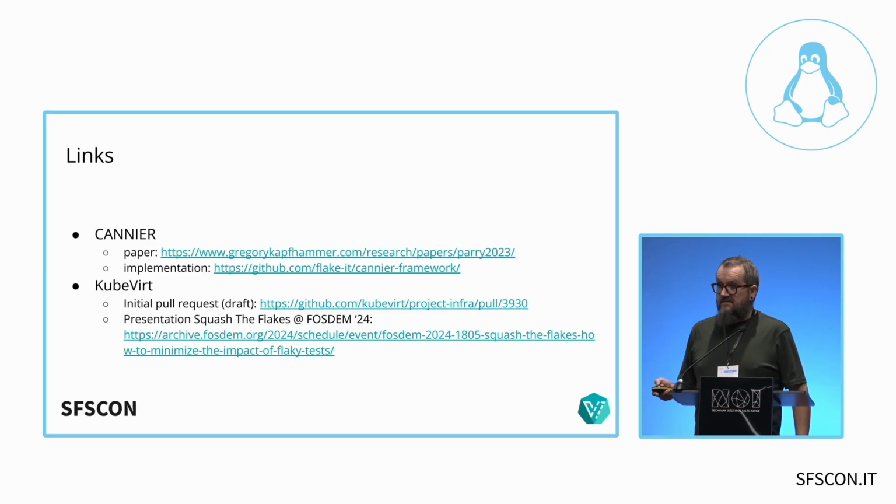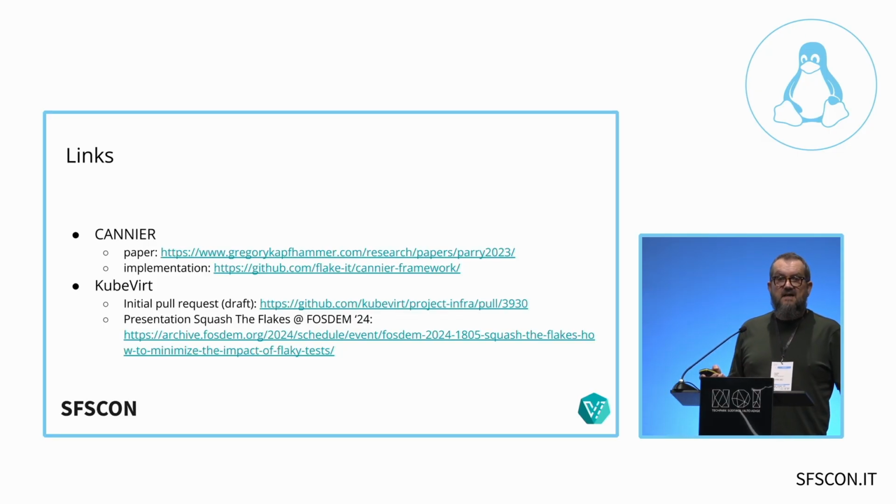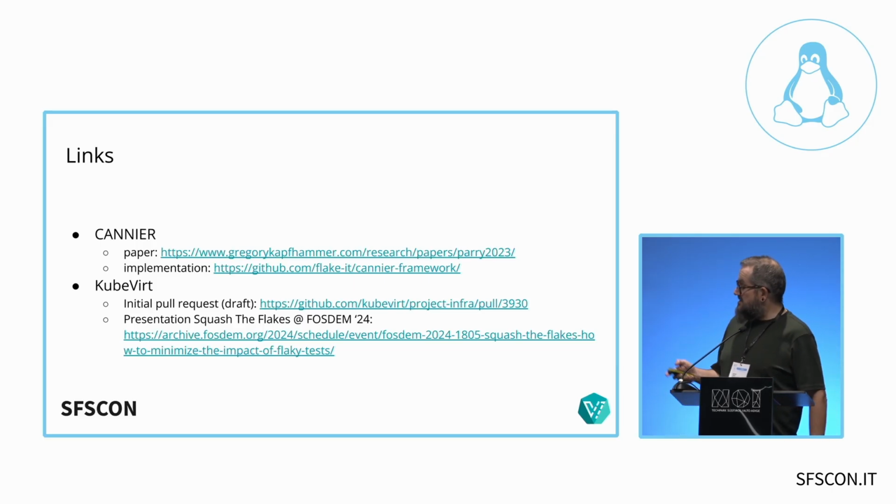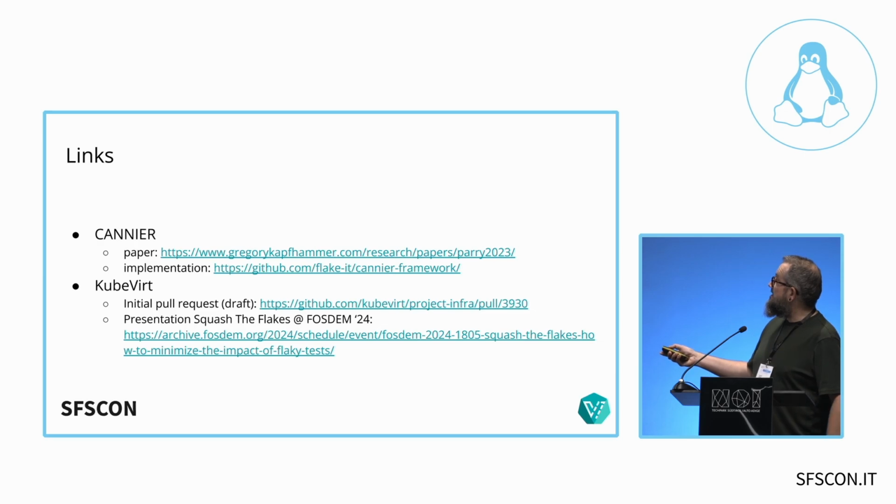Yeah, some links I've added. I think the slides are downloadable already, so you should be able to find all these. There is the CANNIER paper, the original paper, and the implementation of the CANNIER framework for Python projects, which is already available. I didn't actually test it, but I believe it works because the paper exists.